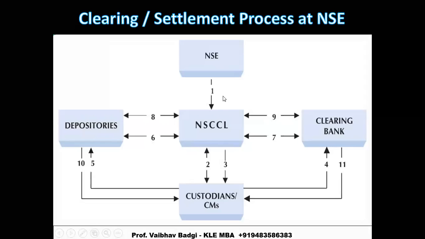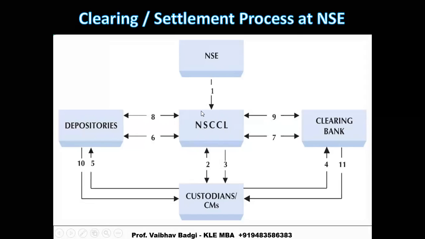So first, they will categorize people based on how many people want Titan Industries only, right? Let us say you are the only person who wants Titan Industries. So now there is no other option available, so they pass on this particular order to another entity called NSCCL. Remember, I had told you in my last class that NSCCL is the National Securities Clearing Corporation of India Limited. Okay, NSCCL.